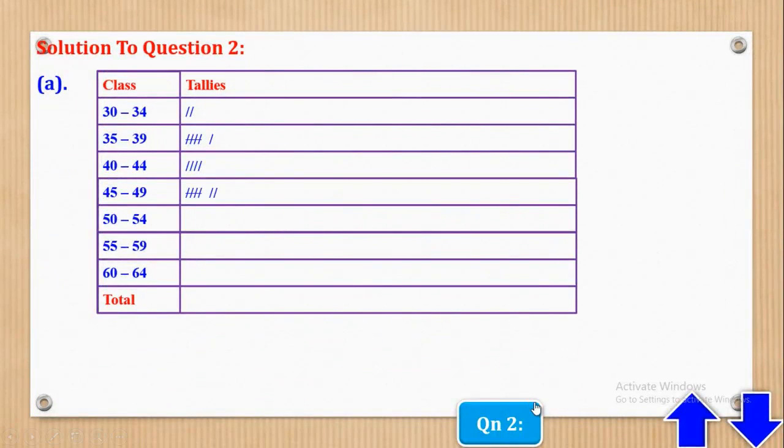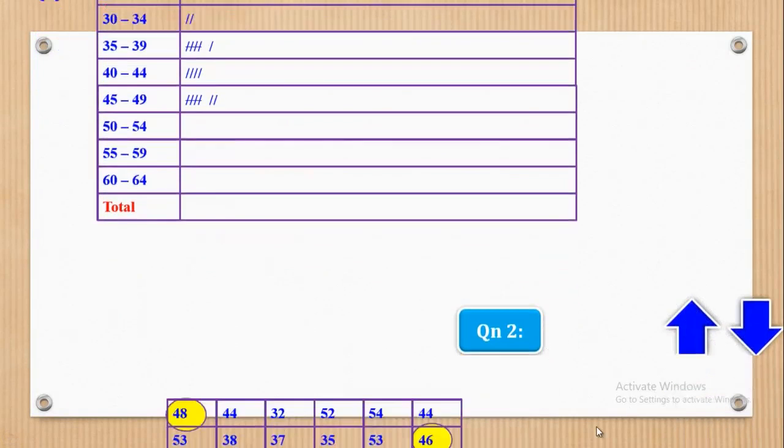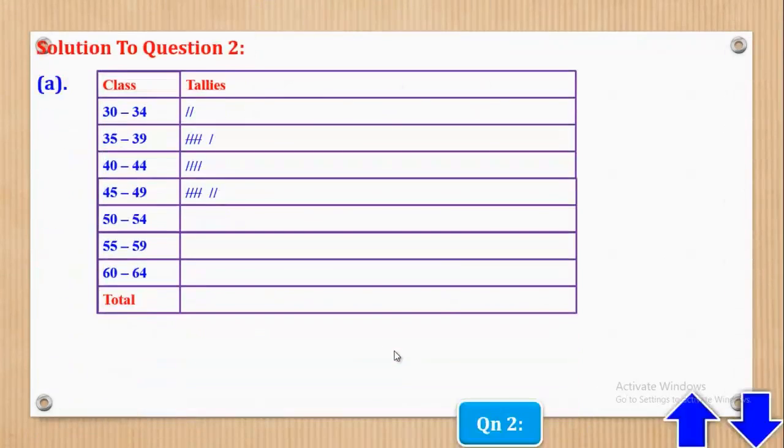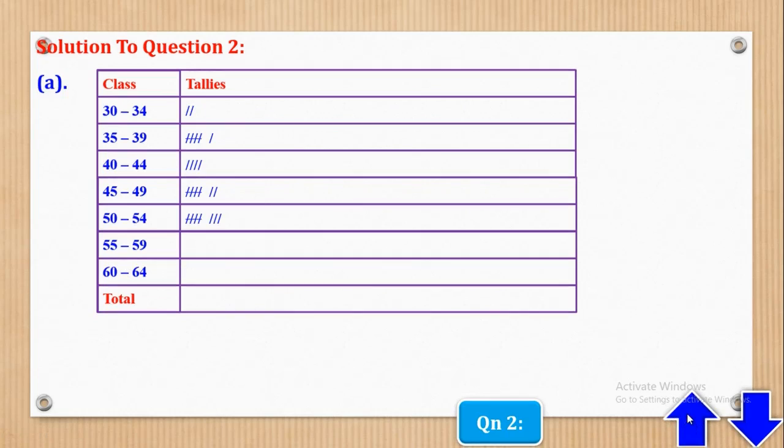Next it will be from 50 to 54. So I'll first remove these ones and then highlight the ones from 50 to 54. So there will be 1, 2, 3, 4, 5, 6, 7, 8. So I'll put tallies corresponding to 8. Then I'll go from 55 to 59.